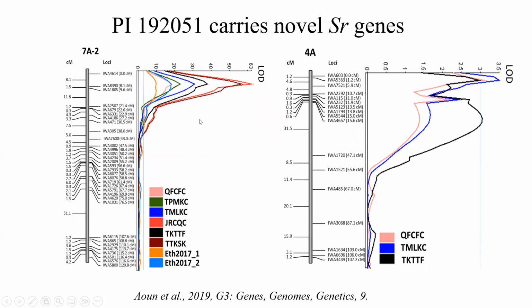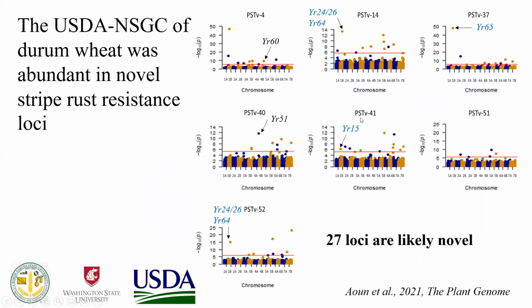This gene was effective to many races, whether from North America, the UG99 race, and races from Africa, and also in the field in the stem rust nursery in Debre Zeit, Ethiopia. And here was a minor effect QTL that was race specific on chromosome 4A.